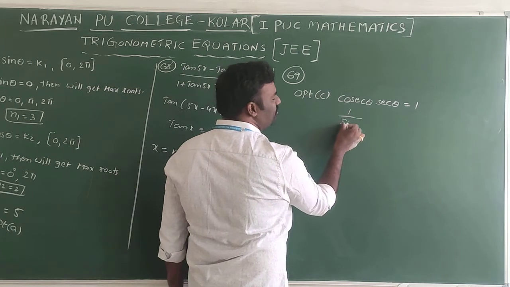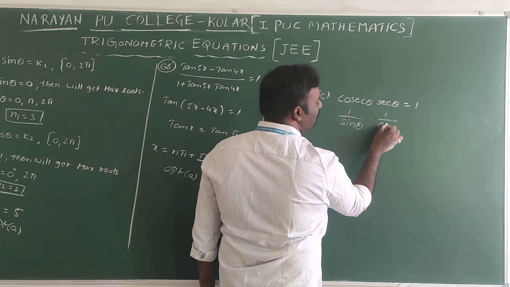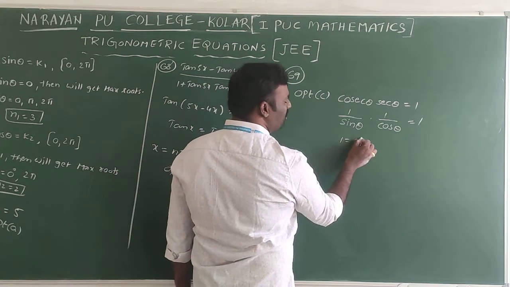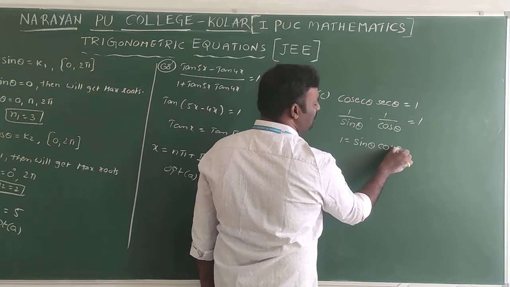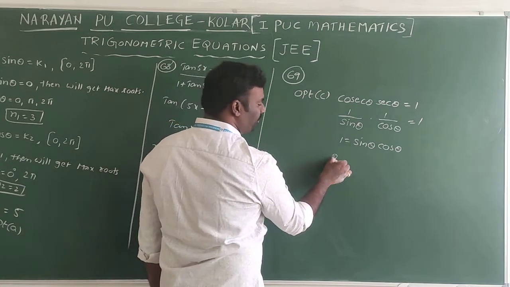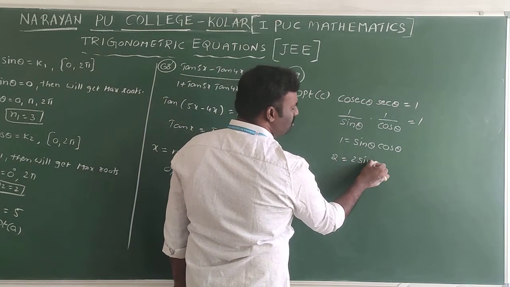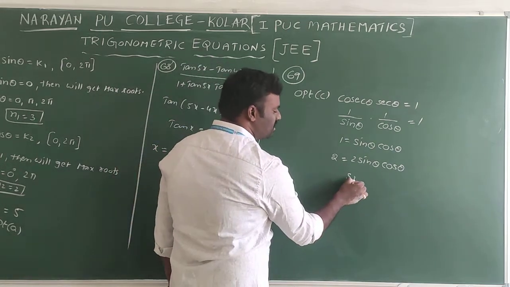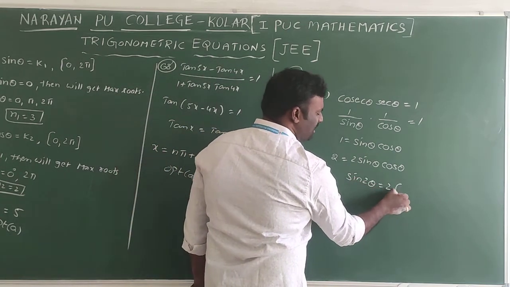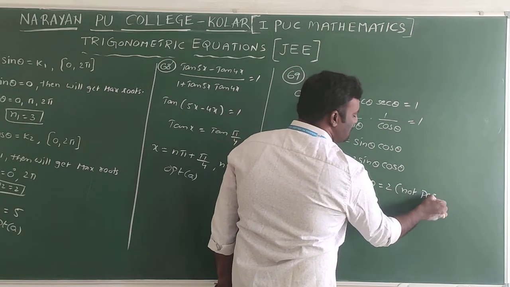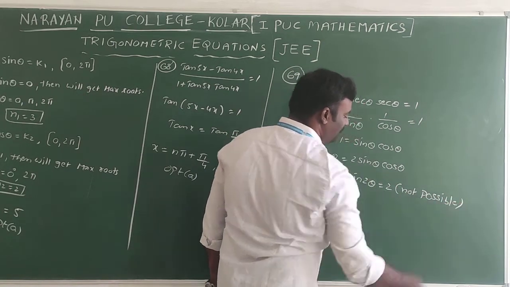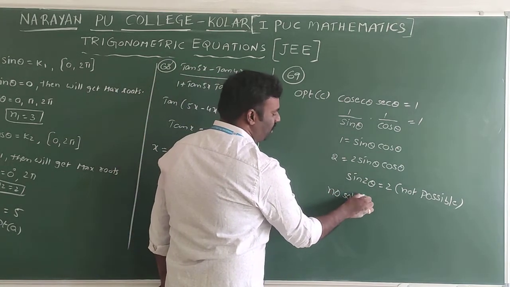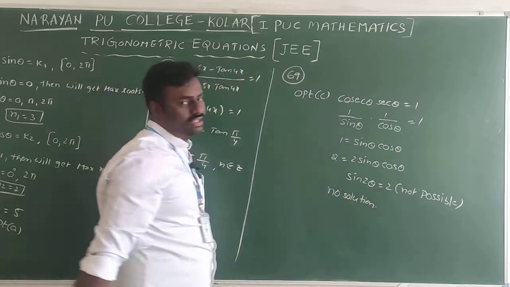Cosecant can be written as 1 by sine, this is 1 by cos, that is equal to 1. Cross multiply, 1 is equal to sin theta into cos theta. If you multiply with 2, 2 equals 2 sin theta cos theta, that is nothing but sin 2 theta equals 2. It is not possible because the maximum value of sin is 1. Therefore, this has no solution, and option C is the correct answer.